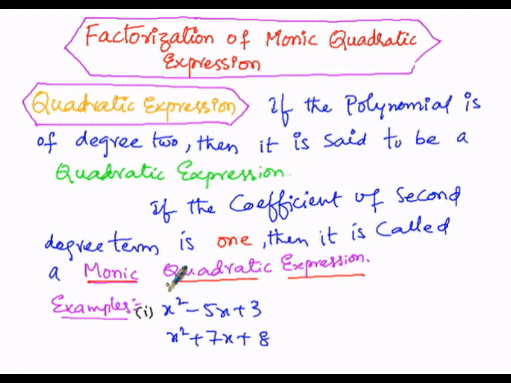So, now let us factorize some monic quadratic expressions. That is example number 1. Under this example, let us factorize x square minus 2x minus 15.